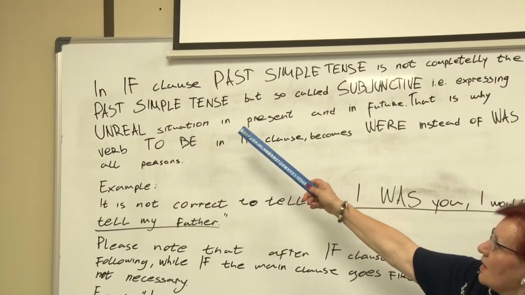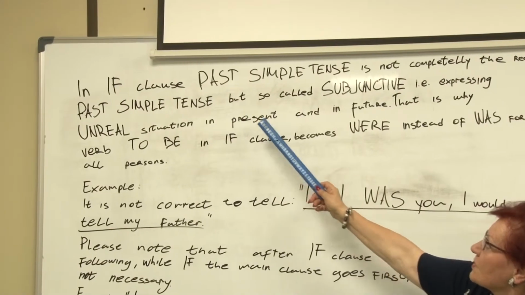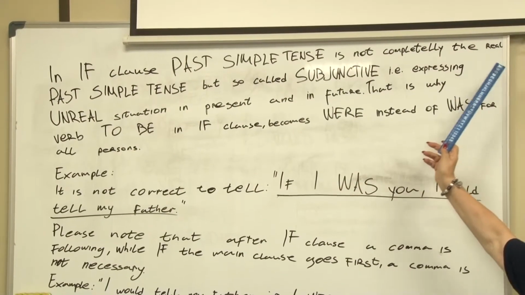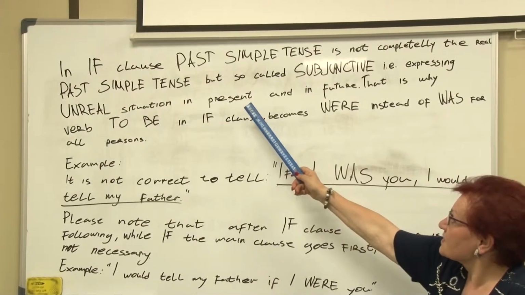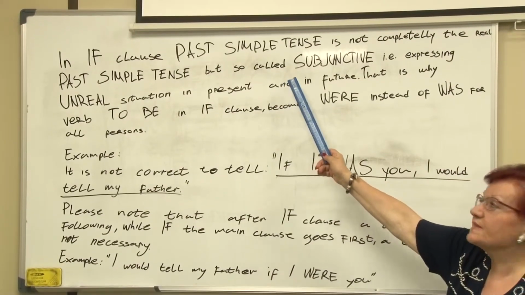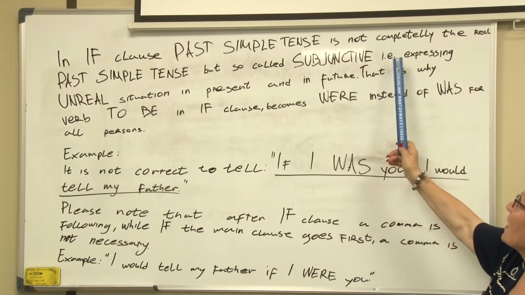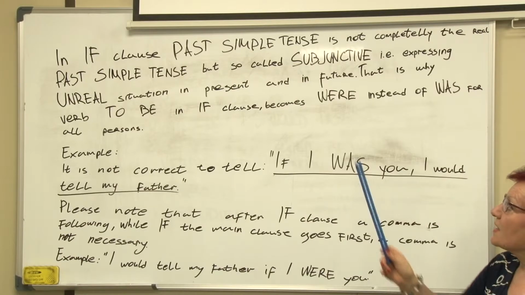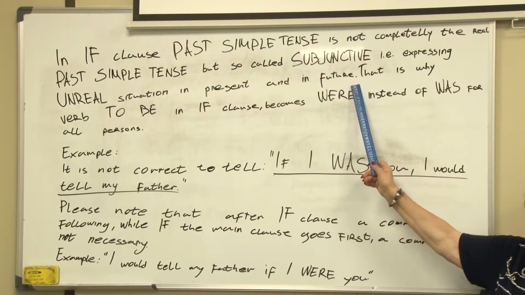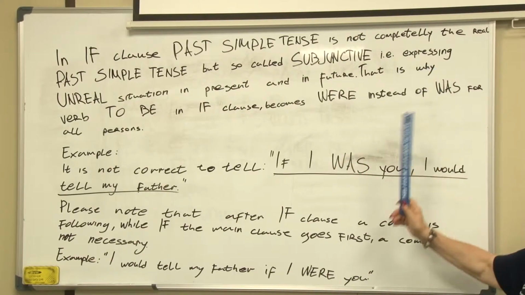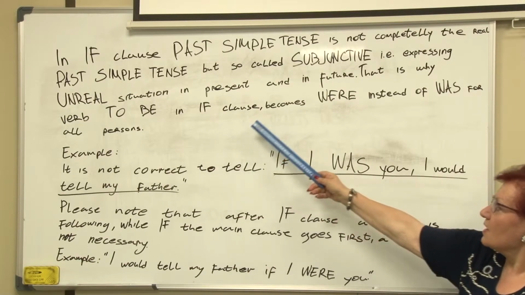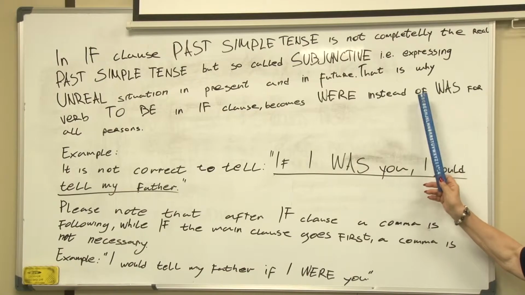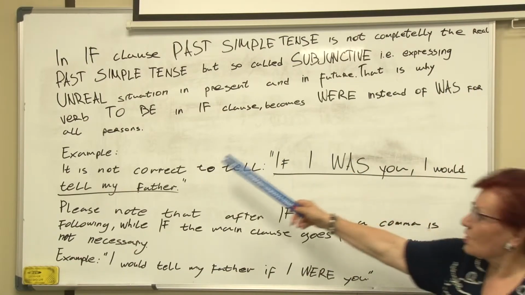In the if clause, the past simple tense is not completely a real past simple tense, but a so-called subjunctive. It is expressing an unreal situation in the present and in the future. That is why the verb to be in the if clause becomes were instead of was for all persons.